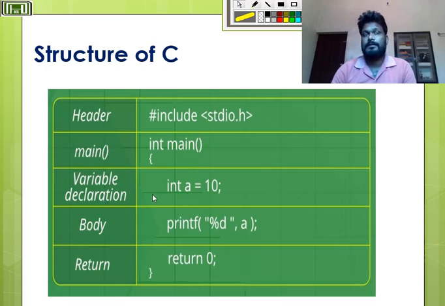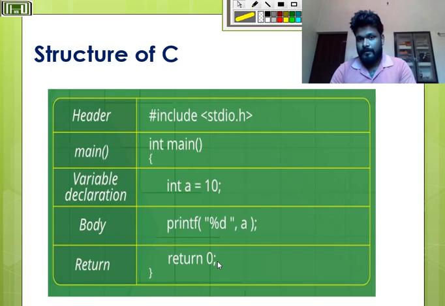Then variable declaration, to initialize values or to declare named memory locations, we use this part. Then the body, where we write printf, scanf, all the parts of the program. Then the return statement, where we return 0.